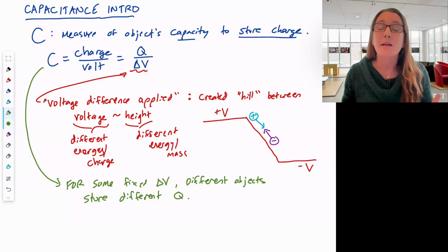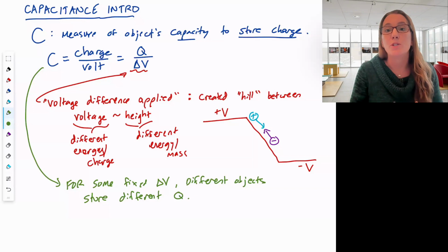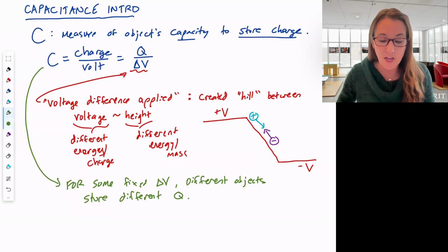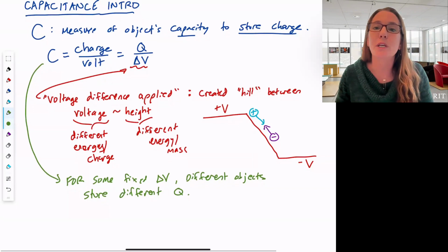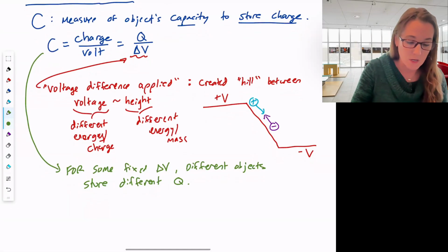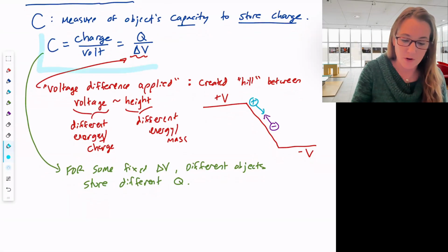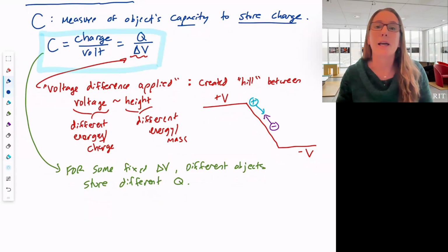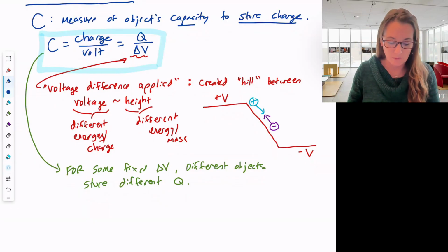So there are different capacitances for different objects, and it's calculated by knowing the relationship between Q and V. Let me mark this very important definition of capacitance, and we're going to see how it applies to a parallel plate capacitor.